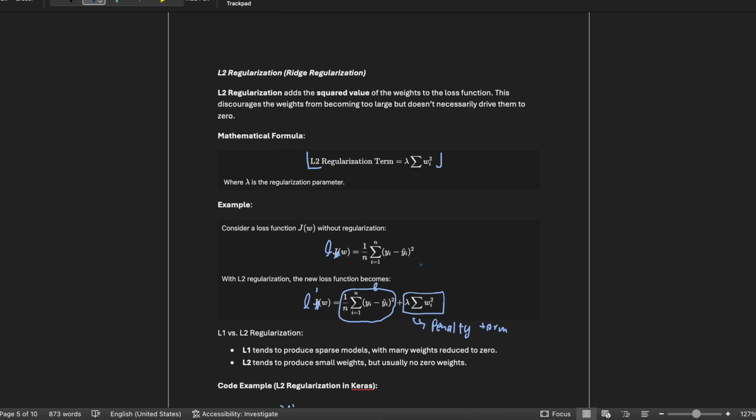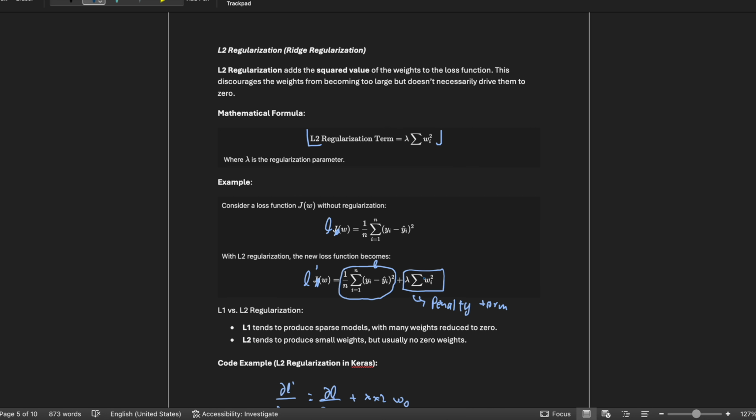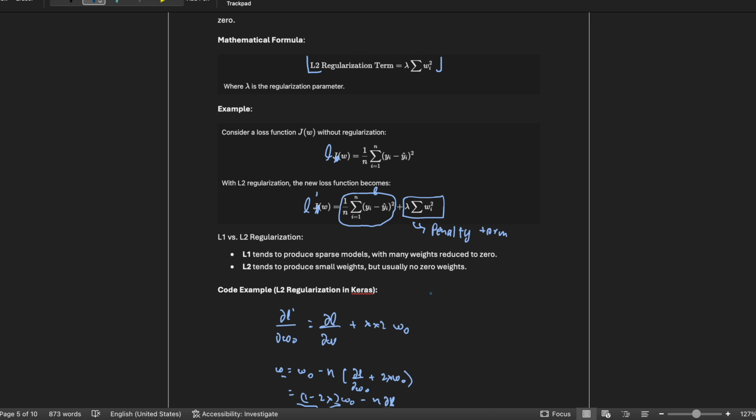Because of adding this penalty term, multiplied by a parameter lambda, our weight values tend to become very small, which helps us in reducing overfitting. So this is the core idea. Everything else will be handled at the back end by Python frameworks like PyTorch or TensorFlow. This is the key idea which you need to understand.